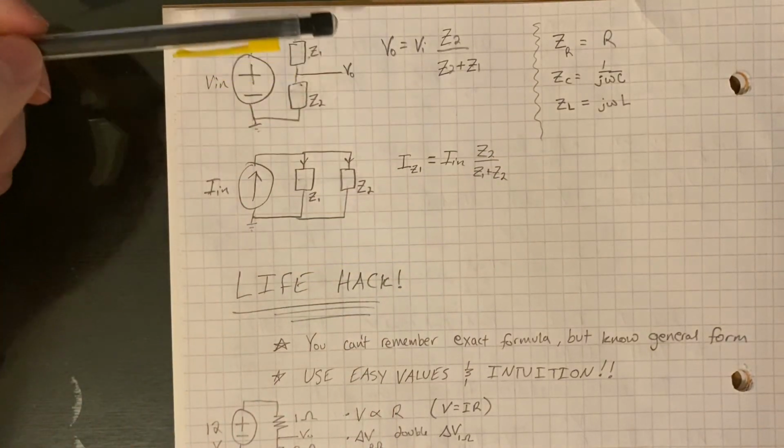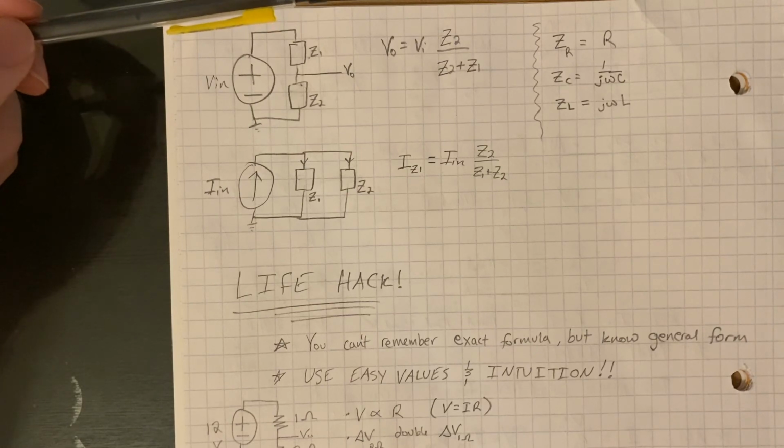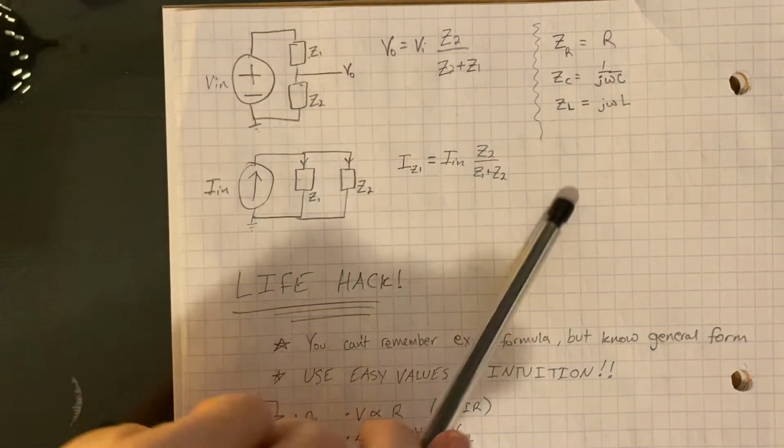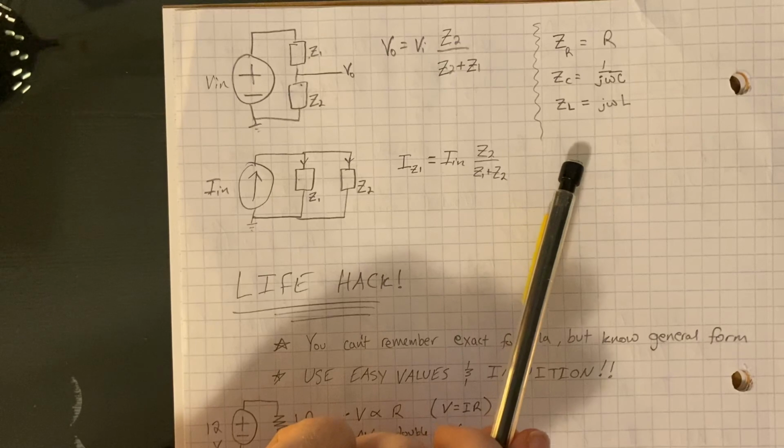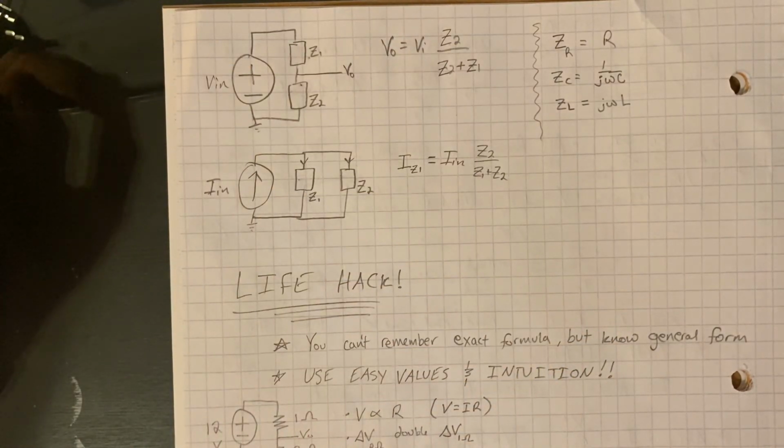And notice that we have Z's here instead of R's. That's because these actually work for frequency-dependent impedances as well. So the next video I'll have will be about the impedance of capacitors and inductors and stuff. But just keep that in the back of your mind that it also works for that.